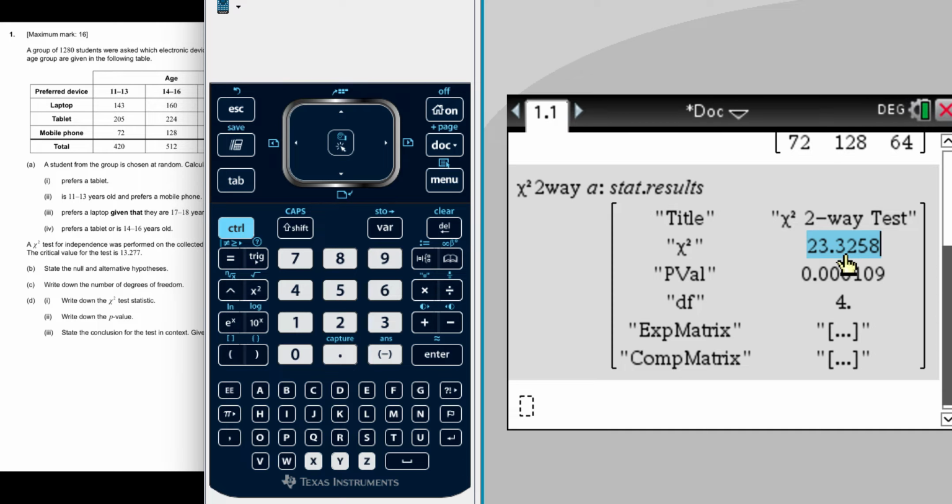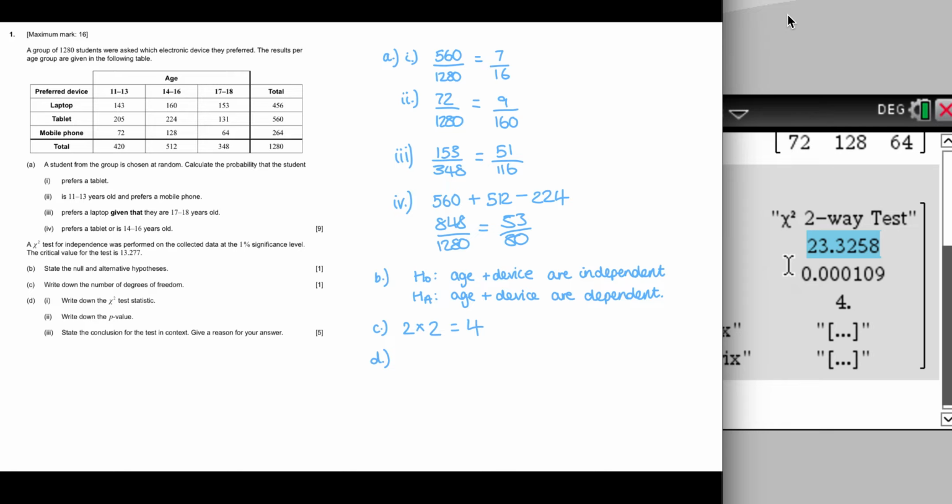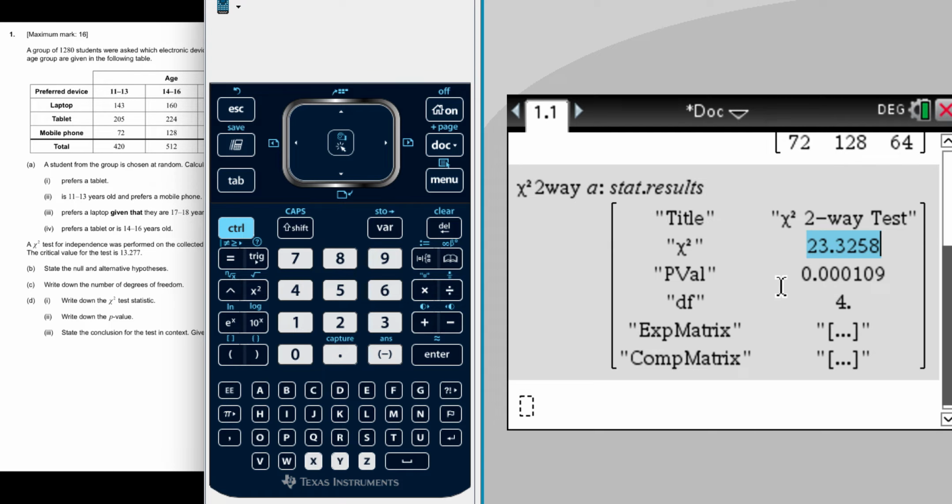If I'm cutting it off here, then the 2 would keep the 3 a 3, so it's 23.3 for my chi-squared statistic. And then I'm asked to find my p-value. The p-value can be found on here. So the p-value is 0.000109.